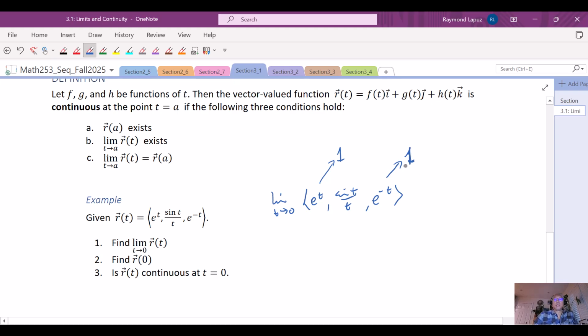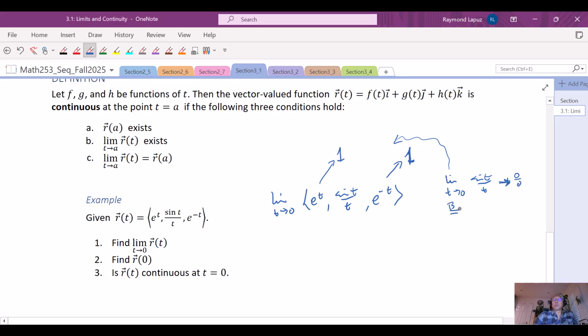Now this middle one, we need to take the limit as t approaches 0 of sine t over t. I think we've proven this at some point in our calculus careers. This approaches 0 over 0, so we'll use L'Hopital's rule.